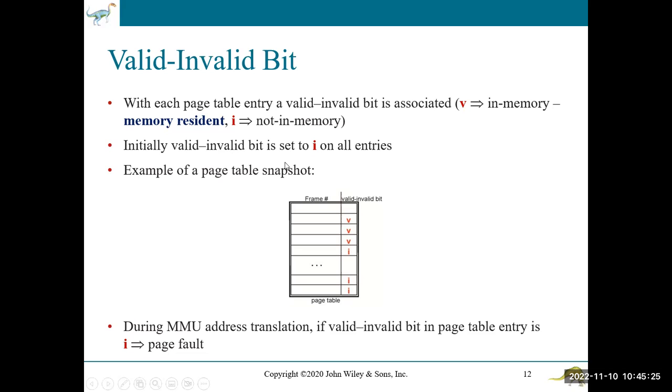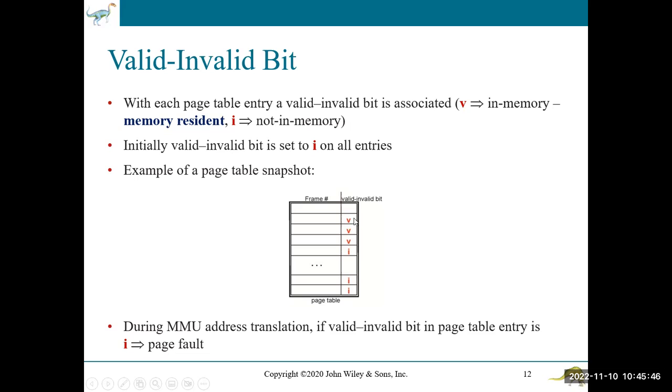And for virtual memory, they have a valid-invalid bit, which is associated with the page table. Remember that frames have to do with physical memory and pages have to do with logical memory, right? And one of the key components in the middle is this idea of a page table.